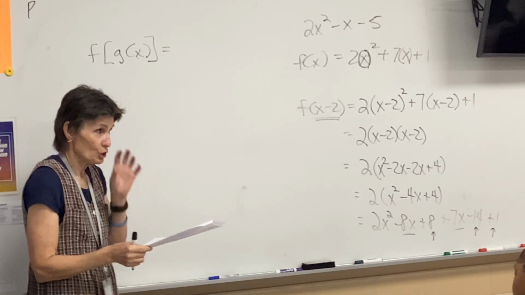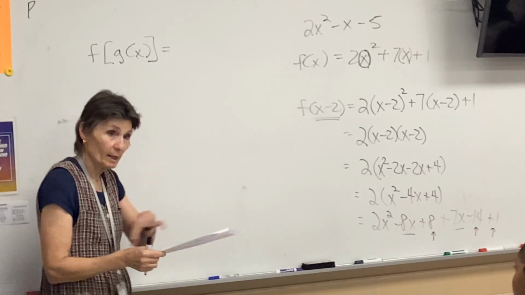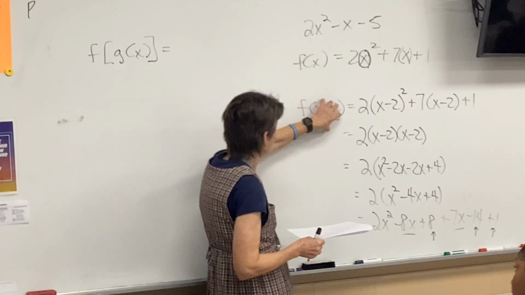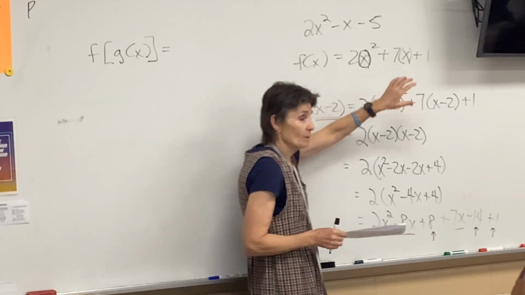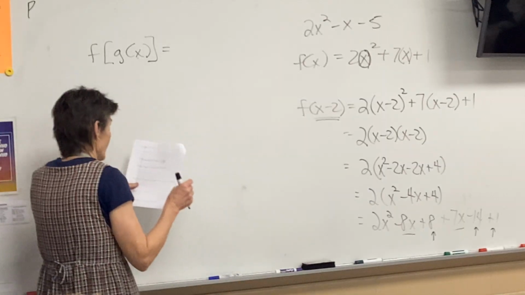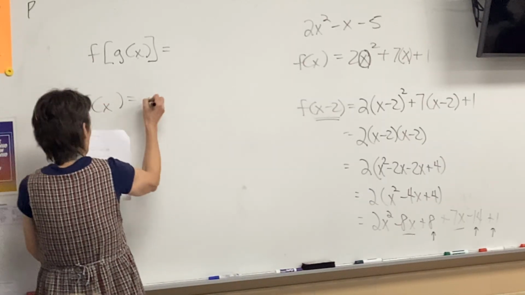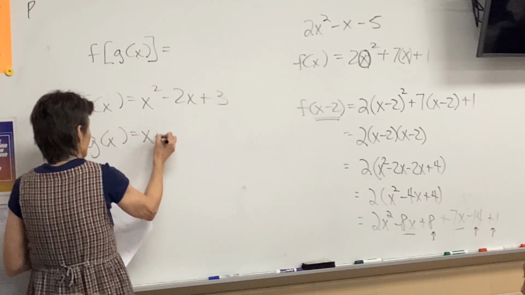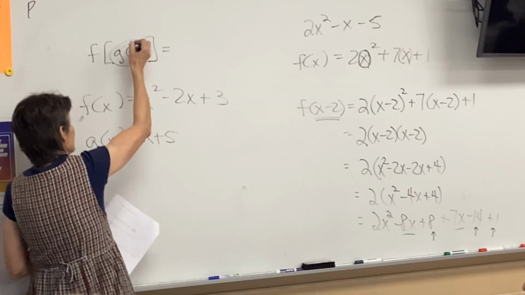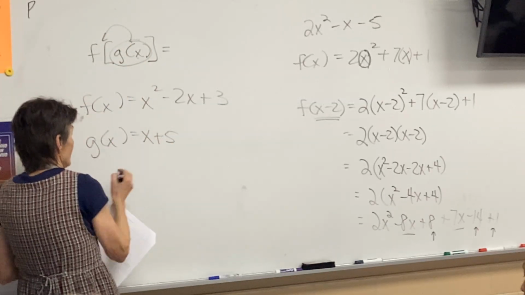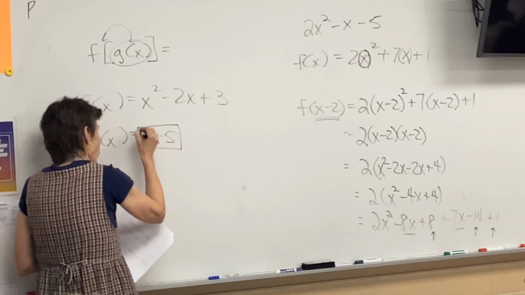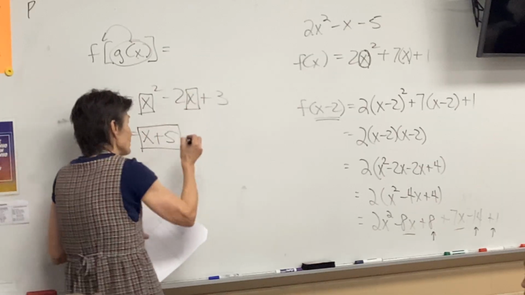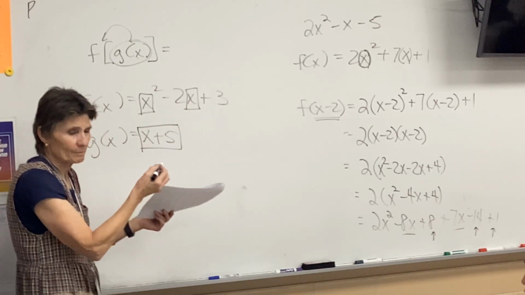Take G and plug it into F. So like just here, you took x minus 2 and plugged it into F. Well, now we're taking function G and plugging it into F. So here's F, and here's G. We are plugging G into F. So we are plugging x plus 5 into F. So aren't we really doing what we just did?